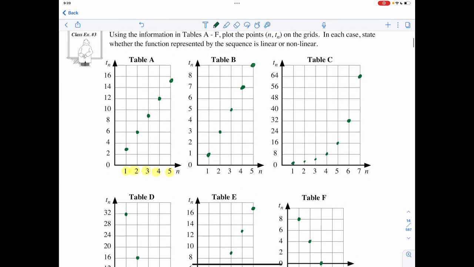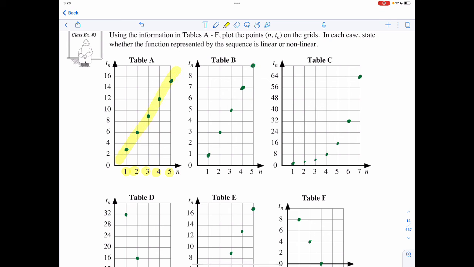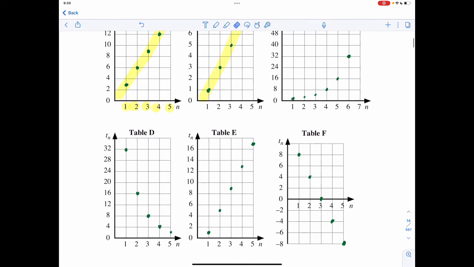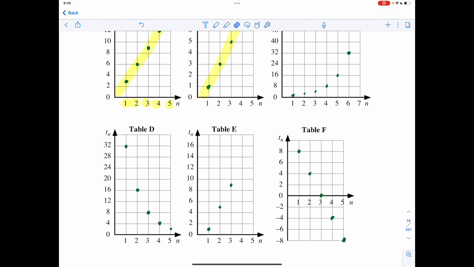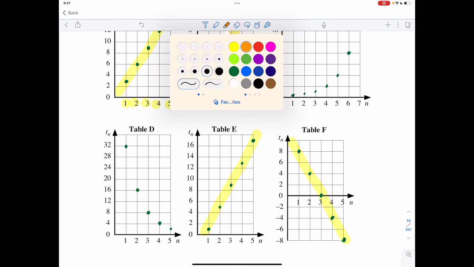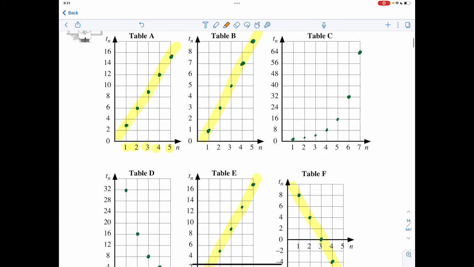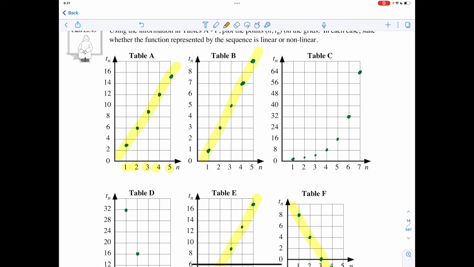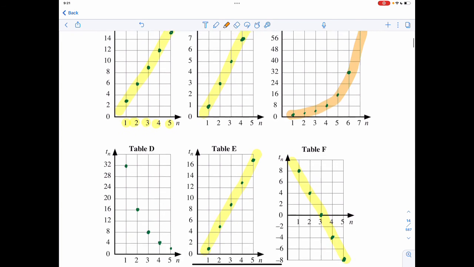And we can see that all of ours that were arithmetic created linear functions. All of the ones that were geometric created nonlinear functions.